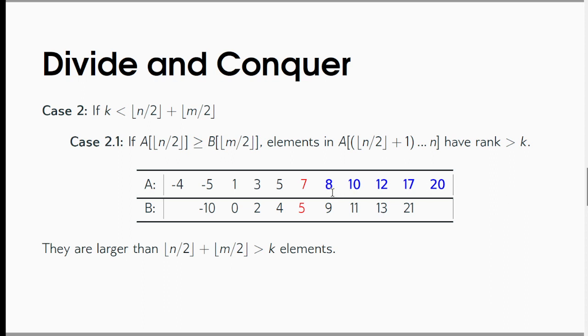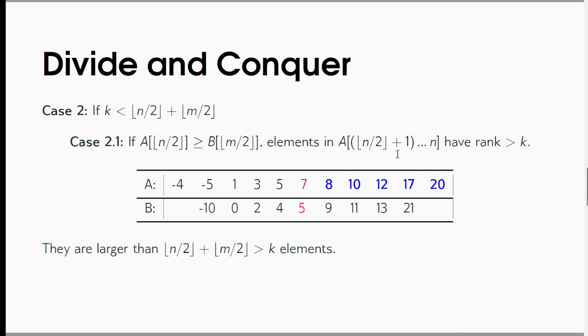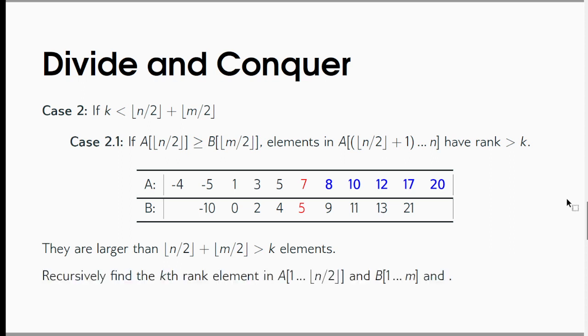This is because they are larger than half of the elements in A and half of the elements in B. And you know that n over 2 plus m over 2 is larger than k. So if you check the calculation carefully, the elements in A of n over 2 plus 1 up to A of n will have rank larger than k.